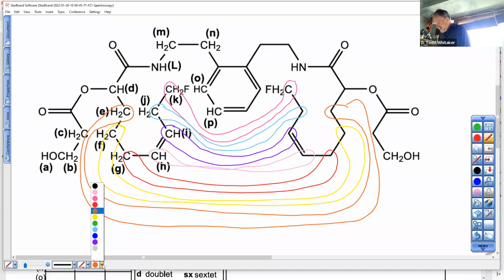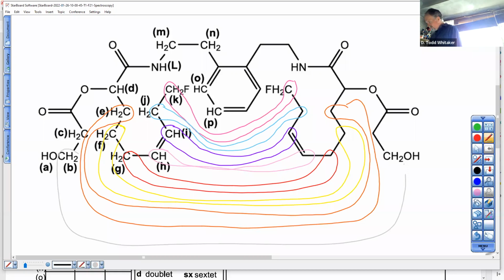If I use a unique color, I'm running out of colors. I got gray. I never use gray. At least I can do this one. That's the CH2. Back to pink.